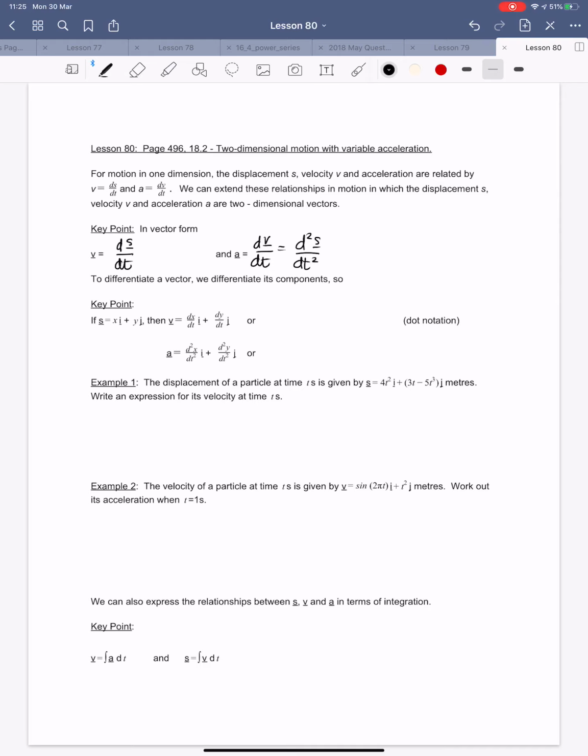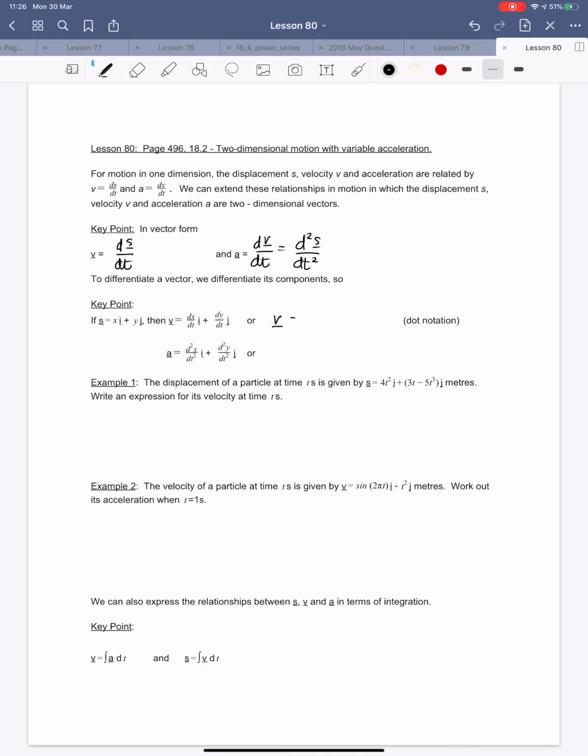Now when you do it in 2D, just like we did in the previous lesson, we deal with the i's and the j's separately. So key point, if s is x, which is a function of time, times i, plus y, which is another function of time, times j, then velocity is dx/dt i plus dy/dt j.